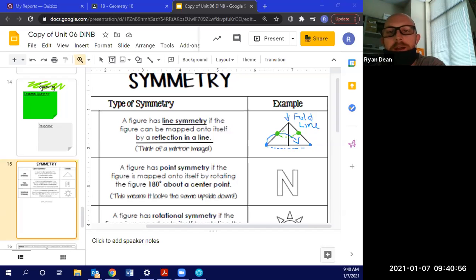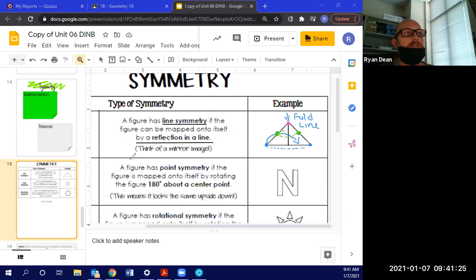So if we continue that thought, and I fold right up here at the top, right? So I'm folding right on this black line. Okay, this top point is just going to be split in half, right? So the whole paper comes over. This top point is still going to be on top of itself. So that's what it means when it talks about mapping the figure onto itself.